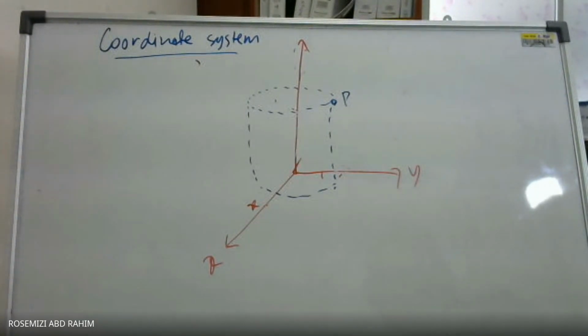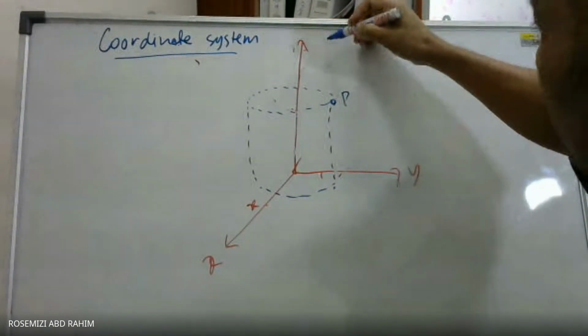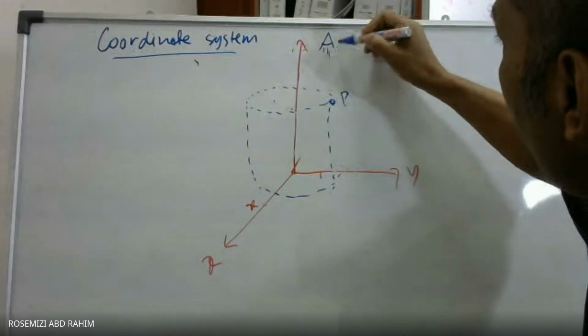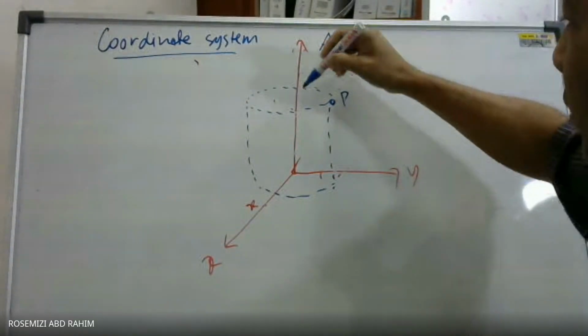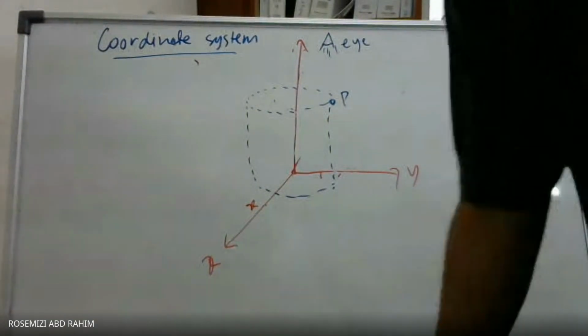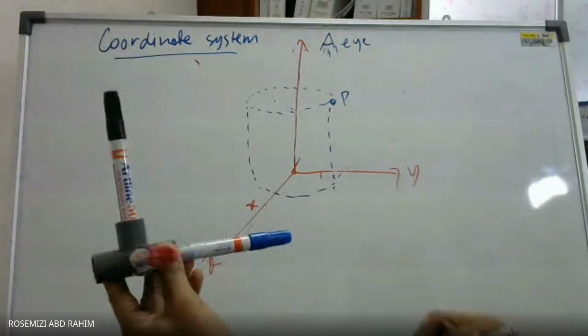Now the cylinder. Okay, if we look from here, we put our eyes here. This is your eye. Look from here. What we can see is, okay, this is our X, Y, Z axis.